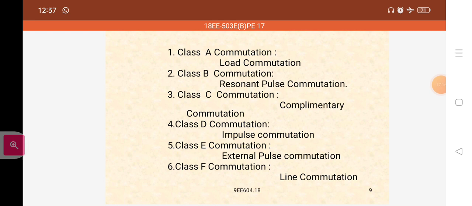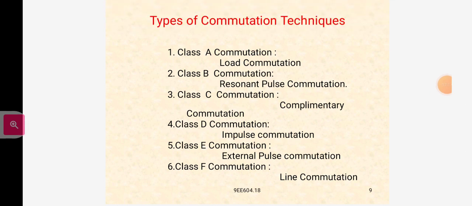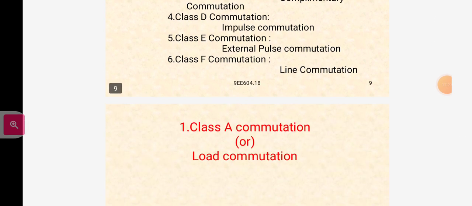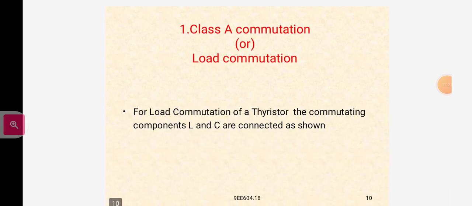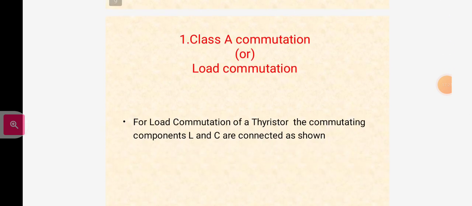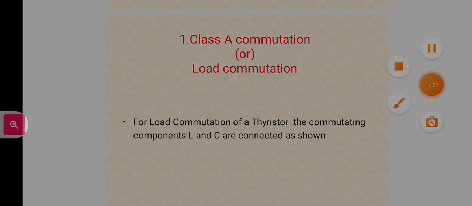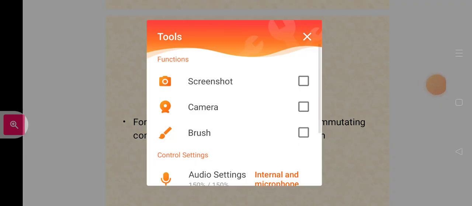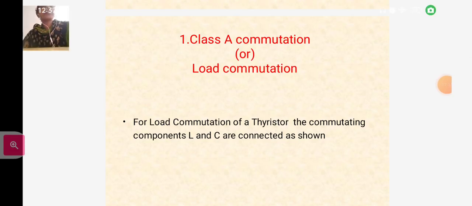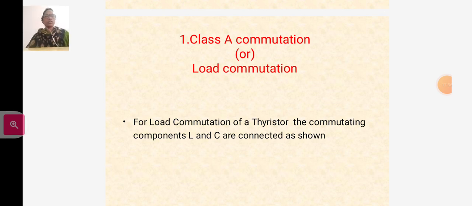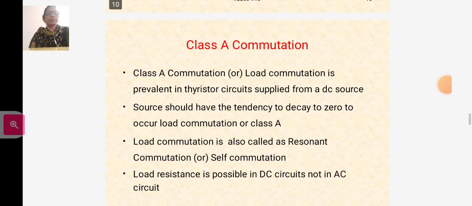So this is about commutation. Now we are going to discuss class A commutation, or load commutation. Here in load commutation of a thyristor, the commutation components L and C are connected as shown.